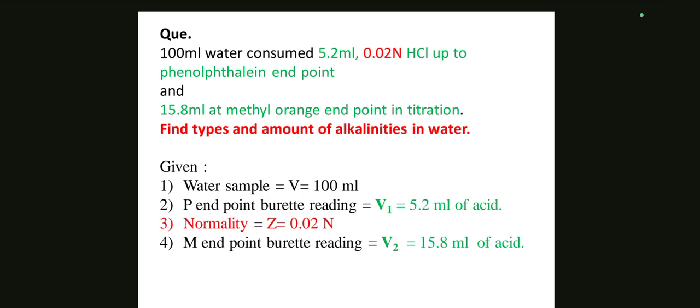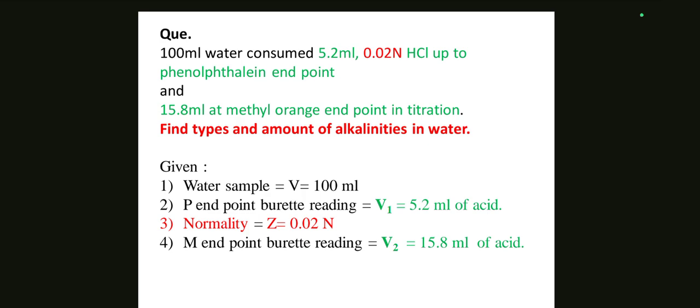Now the second part, 15.8 ml HCl is required to reach the methyl orange endpoint. And what you have to find: the types and amount of alkalinity in the water sample.